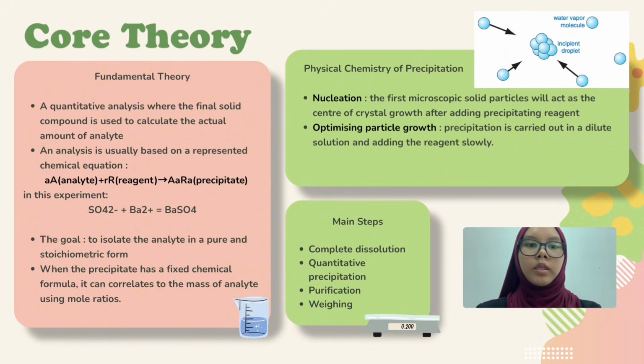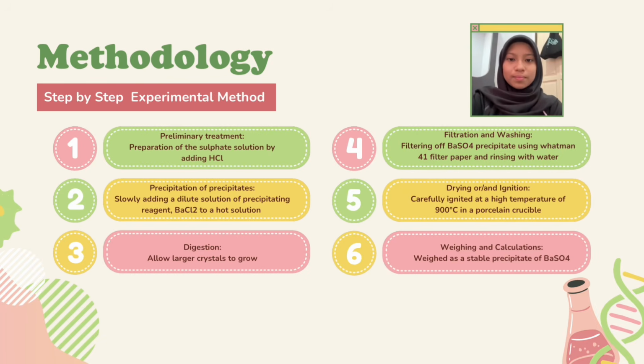During precipitation, nucleation occurs first, where tiny particles act as centers for crystal growth. To obtain larger and purer crystals, the reagent is added slowly into a dilute solution. Finally, the main steps include complete dissolution, quantitative precipitation, purification, and accurate weighing, which are essential for obtaining reliable and precise results.